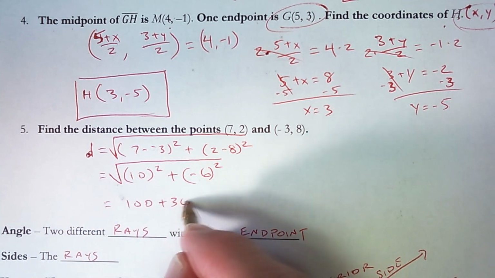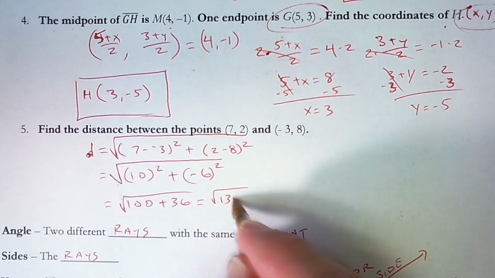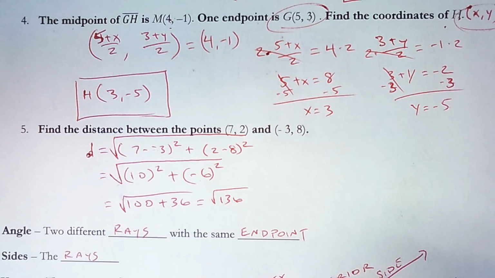Negative 6 squared is 36. So we get the square root of 136.